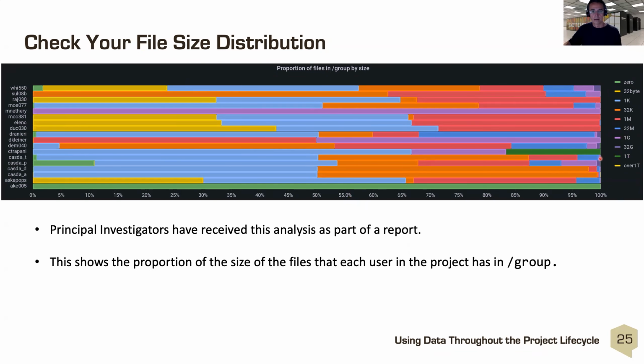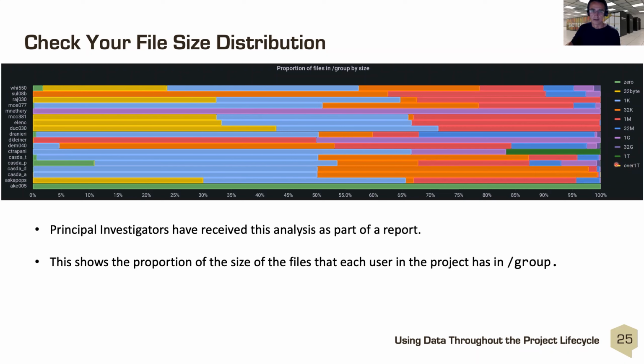Like, for example, this image comes from that report and is describing, for the different users within the project, which percentage per user has different sizes of files. So for example, for this first user, around 20% of their own files are over 1... well, it's difficult to distinguish here.